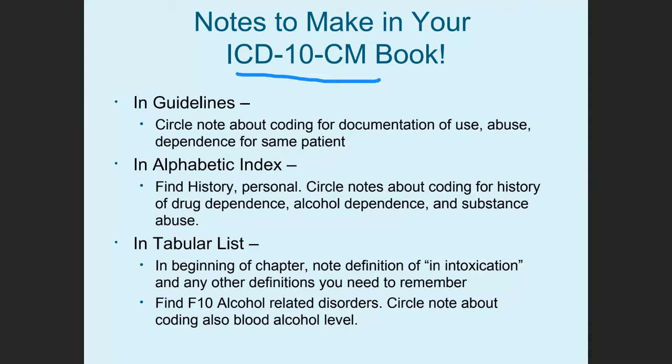In the tabular list, at the beginning of the chapter, write in the definition of intoxication and any other definitions that you think you might not remember. So just write them in your book and they'll be right there. And find F10 alcohol-related disorders and circle the note about coding also blood alcohol level.